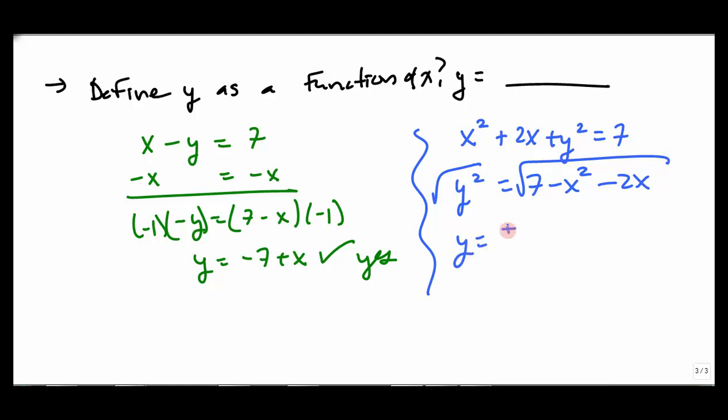So I'd get y equal plus or minus the square root of 7 minus x squared minus 2x. Now this is solved for y equals stuff, but what we have here is two separate expressions. We have a positive and a negative. So no, this is not defining y as a function of x because I have two different values on the right hand side. So we have to be kind of careful about that.